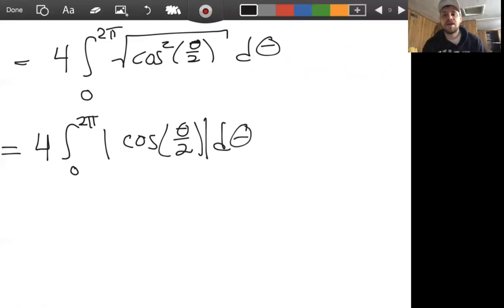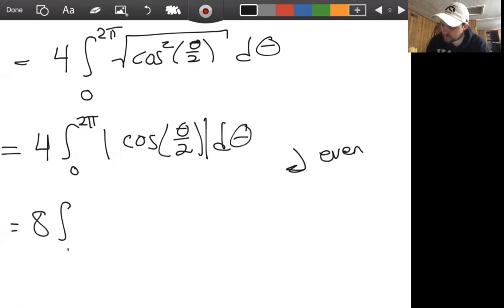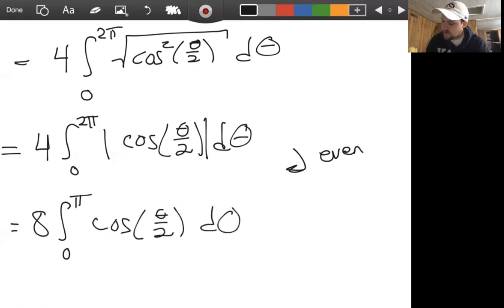Because again, cosine is not always positive. However, cosine is an even function. So because cosine's even, we can double the integral, but halve the distance to only consider our positive values of cosine.